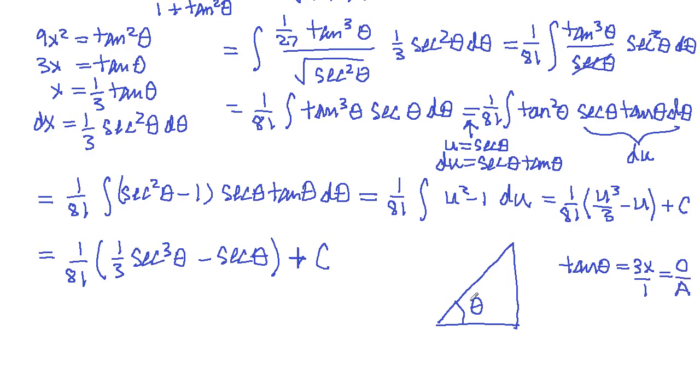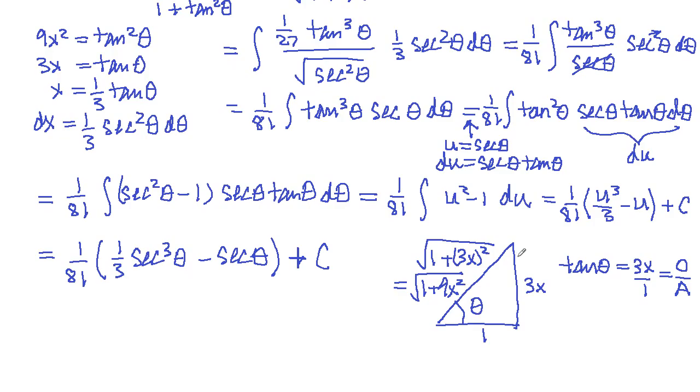So in relation to theta, we want to make 3x the opposite side and 1 the adjacent side. Then your hypotenuse here will be the square root of 1 squared plus the quantity 3x squared. That's the square root of a squared plus b squared, and that is root 1 plus 9x squared.